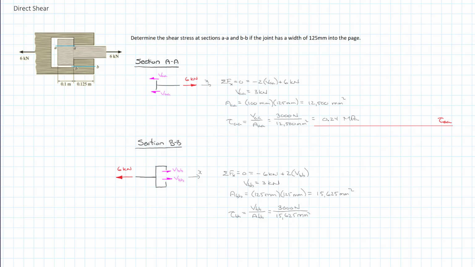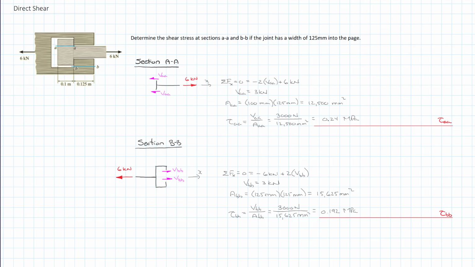A little bit more than the area AA, so we should get a slightly lower shear stress, seeing as how the shear force is the same. And we come up with a value of 0.192 megapascals. That's tau BB. And that's it.